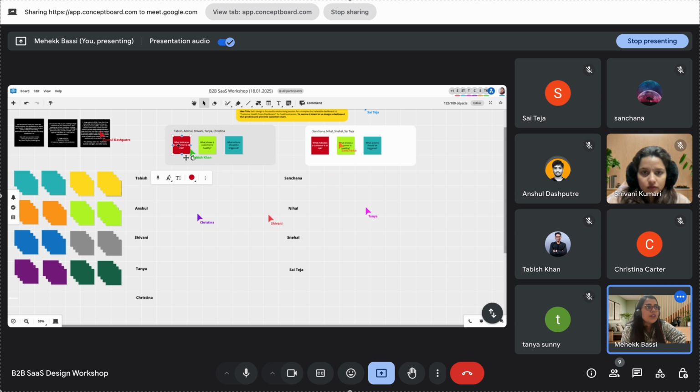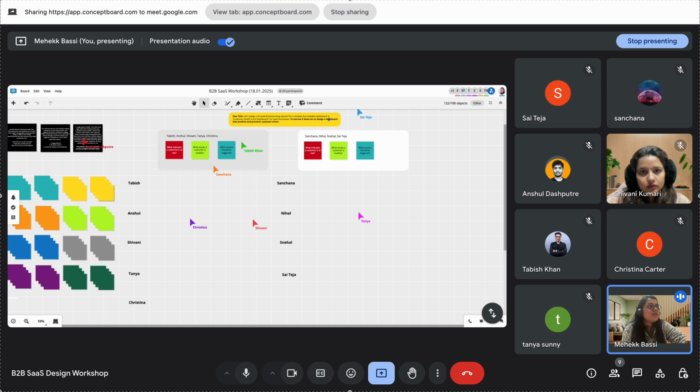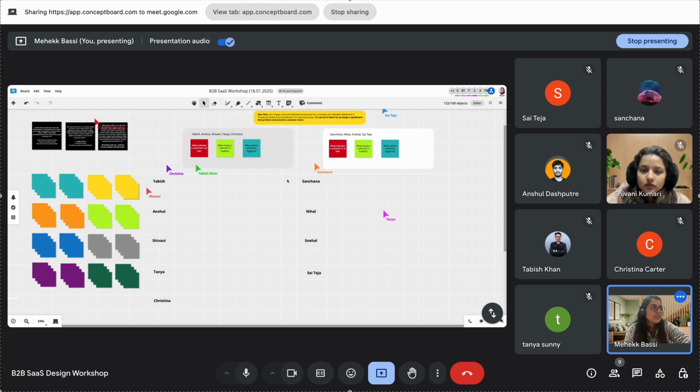The red indicates what shows that a customer is at risk. What shows a customer is healthy is in green. And the blue one is what actions should be triggered. Again, we have to design a dashboard that predicts and prevents customer churn. We don't want our customers to go and subscribe to any other platform or buy any other product.